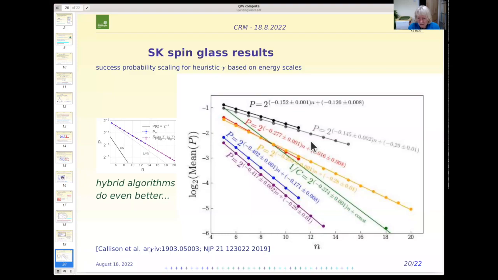So we went, okay, let's do something hybrid between adiabatic and quantum walk. This was our first attempt. We just put a little piece of pre-annealing, a short piece of running adiabatic fast, before we did our quantum walk.